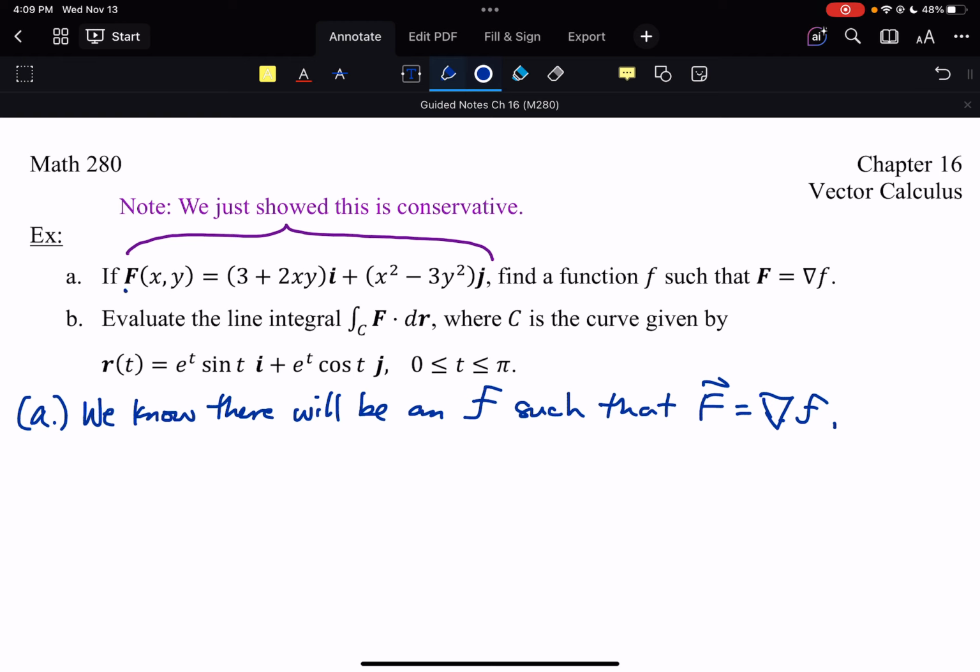If this vector field is the gradient of something, that means that these components must be the partial derivatives of that function little f.